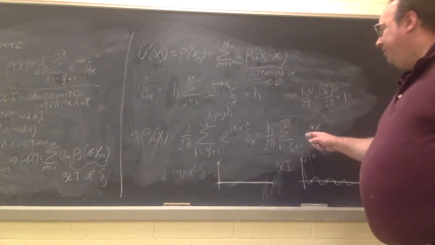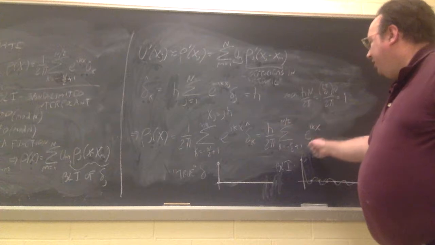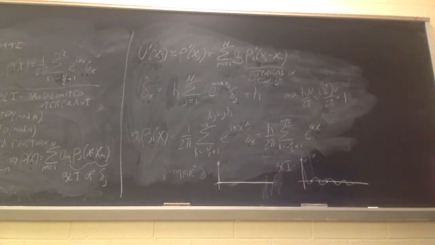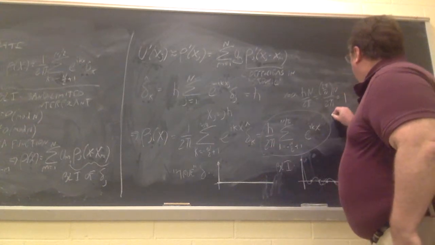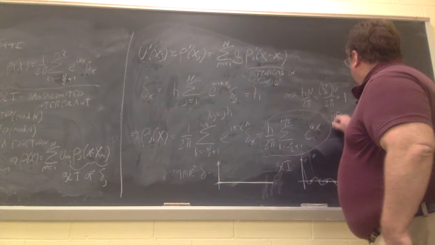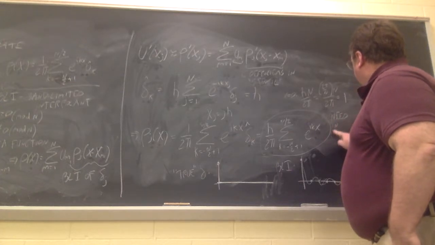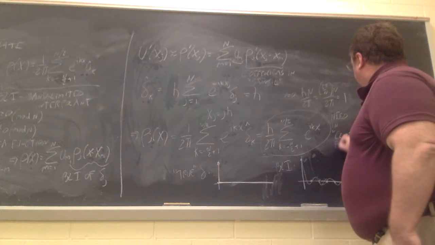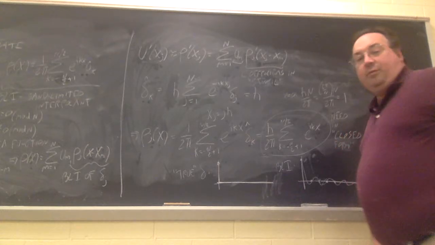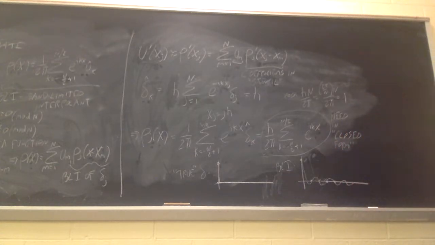What I need to do is, if I'm going to take a derivative of this, I want to be able to express this using one expression, one term. In other words, I need this in what's called closed form. In other words, not involving a summation. I want to condense this to a single term expression.